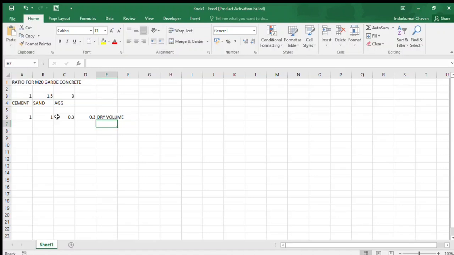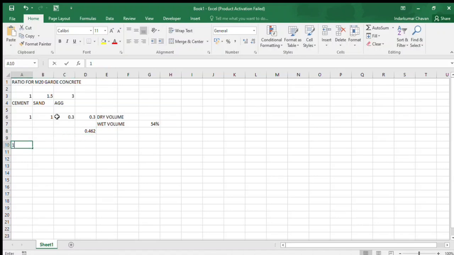If you are calculating the quantities for concrete, then dry volume is multiplied by the wet volume factor. The wet volume factor for concrete is always 54%, so I multiply by 1.54. So I have to calculate the material for the wet volume, that is 0.462 cubic meter.